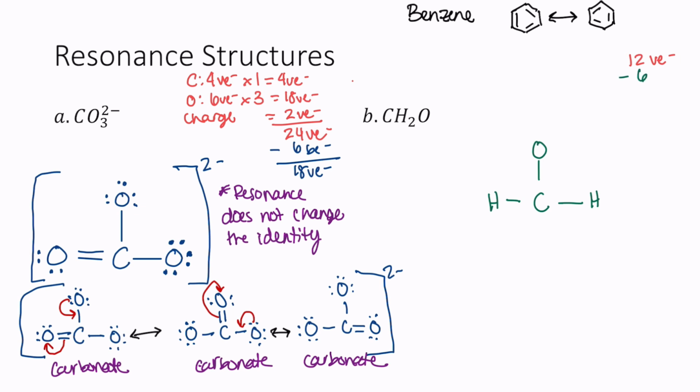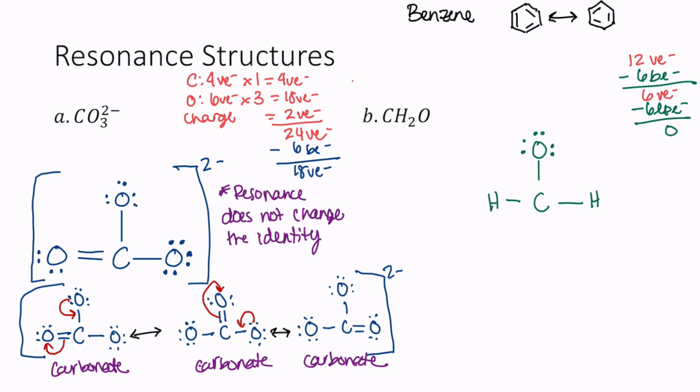I will subtract 6 bonding electrons from my valence electrons, and that means I have 6 valence electrons left. I'm going to distribute that on my outer atoms first, and I've used up all of my electrons and made lone pairs.